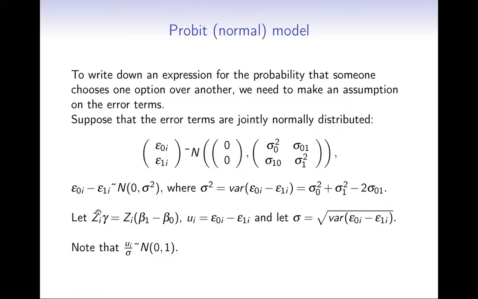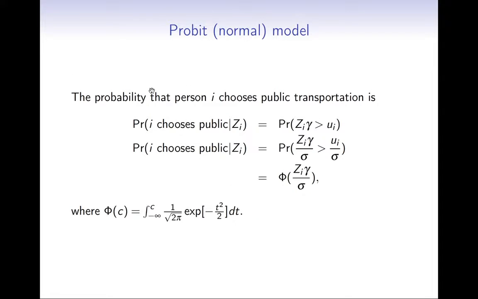Okay, and so let zi gamma denote zi times beta 1 minus beta 0, and we'll let the error term ui denote the difference in the two errors, and sigma be the square root of the variance. Okay, so now ui divided by sigma is going to be normal 0, 1. So the probability that a person chooses to ride the bus is going to be the probability that zi gamma is greater than ui.